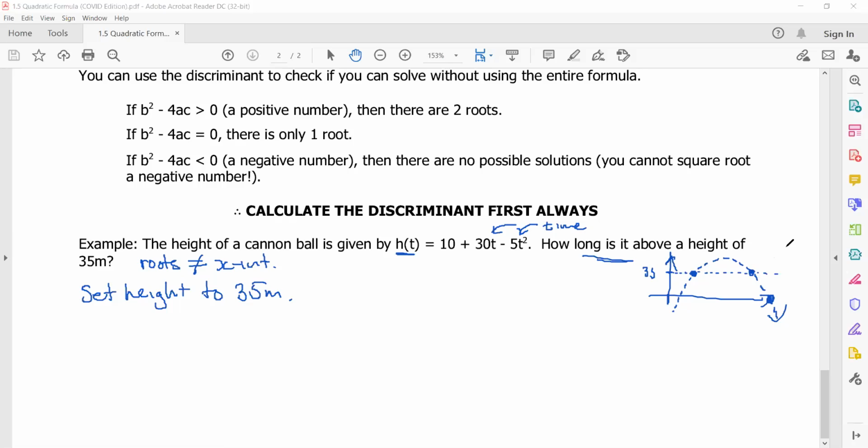I'm going to predict I'll get two answers, one on the way up and one on the way down. So if I have 35 as my height, equal to 10 plus 30t minus 5t squared, let me rearrange that into negative 5t squared plus 30t plus 10. The question is, what's t?